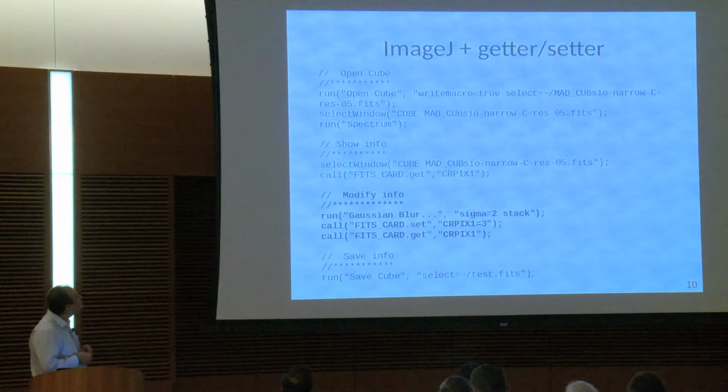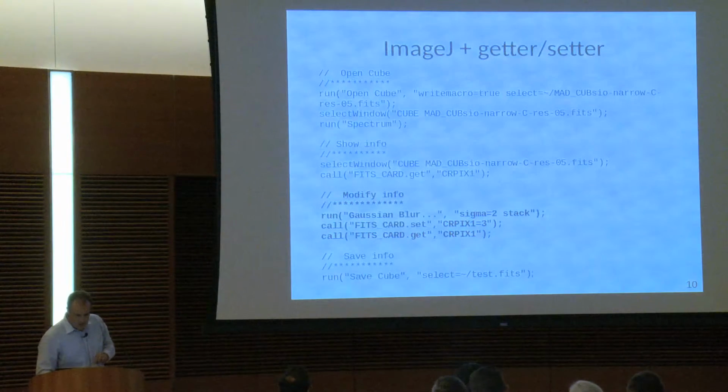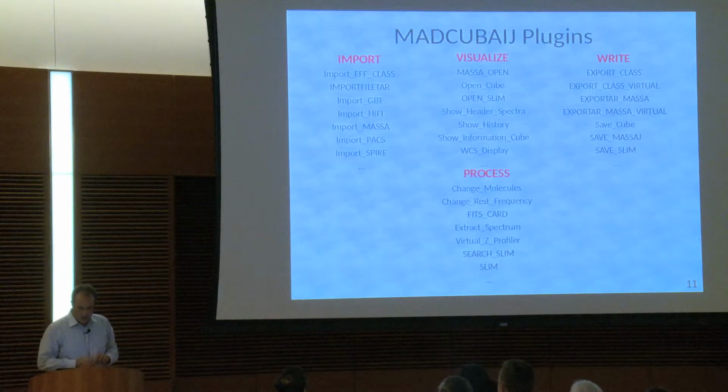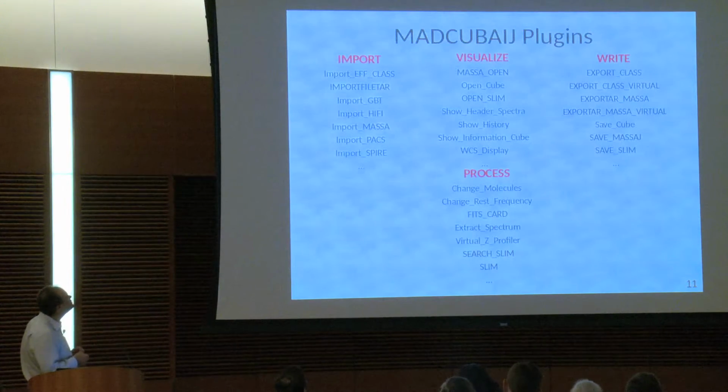This allows us not only to run our own plugins, but also to use ImageJ plugins directly and just change the information from the header. So we have different kinds of plugins for import, visualize, write, and process.